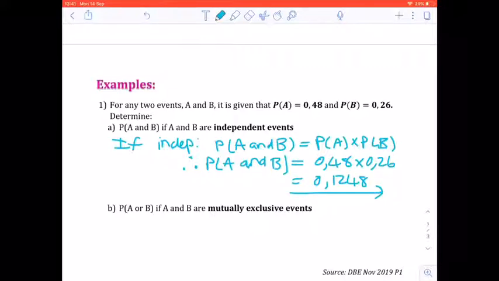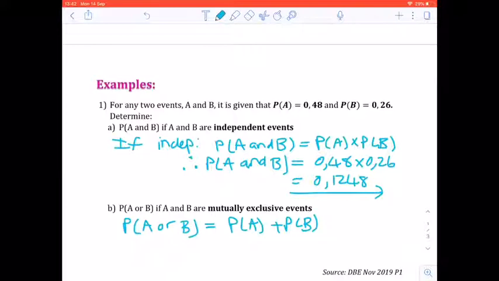So from the formulas that I did at the start, for mutually exclusive, the formula is probability of A or B equals the probability of A plus the probability of B. So again, we're saying determine the probability of A or B if it's given that they are mutually exclusive.